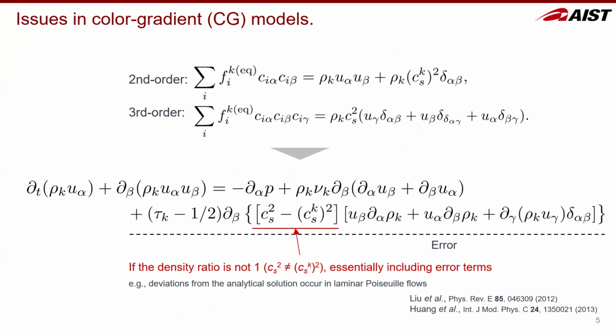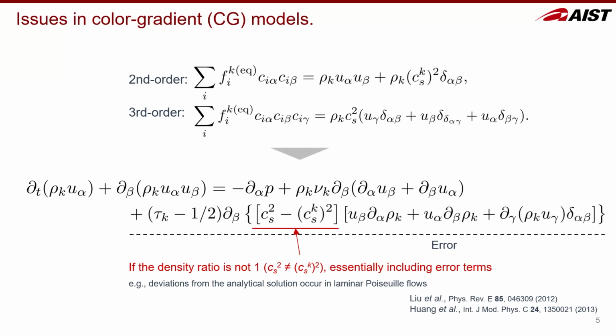The underlying issue in the color gradient lattice Boltzmann model can be seen by using the second order moment and third order moment. I did not show the exact procedure, but by using the Chapman-Enskog expansion, the macroscopic equations have an error term as shown here. If the density ratio of the two phases is unity, this term will vanish and cannot appear.